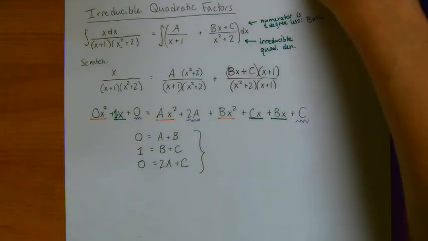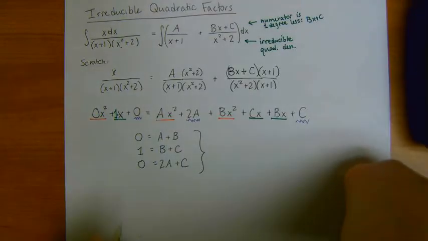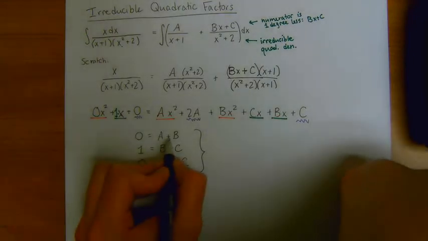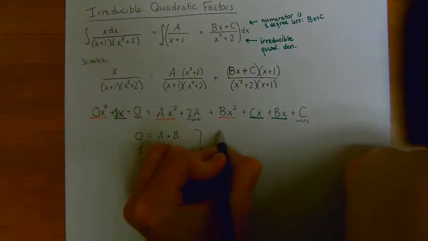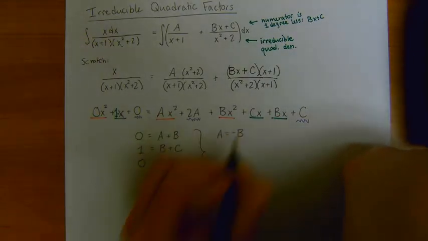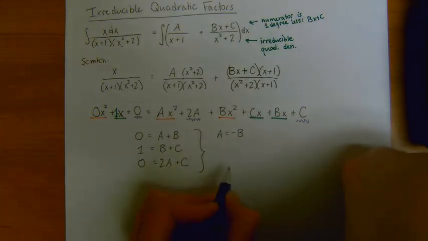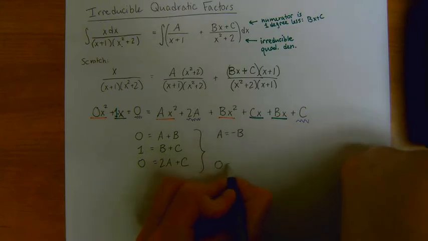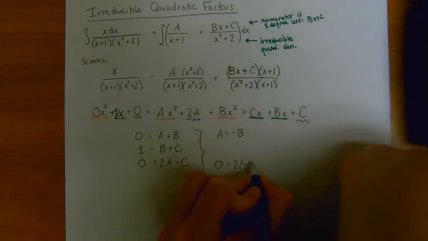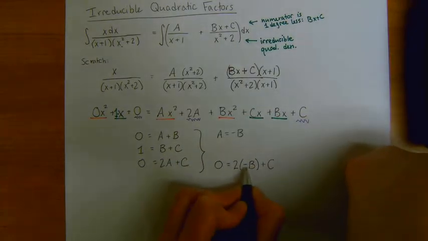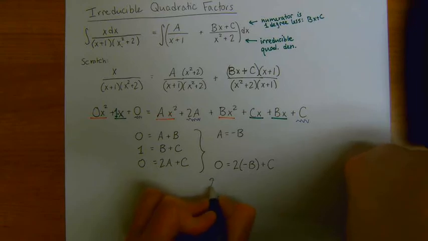You can solve using whatever methods you like. I'm going to go ahead and solve using substitution. I'm going to try to do a wiser substitution than I did before. Let's set a equal to negative b, and substitute here, so 0 is equal to 2 times negative b plus c, and that means that 2b is equal to c.